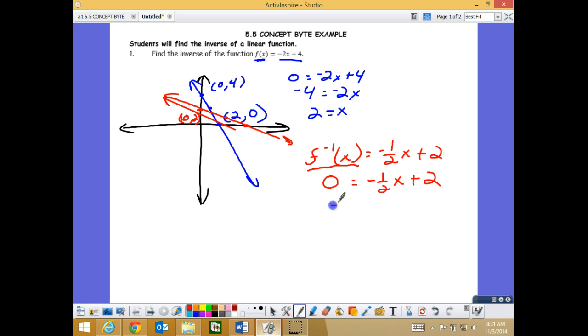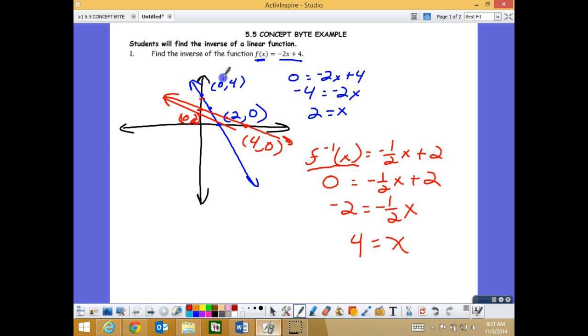We subtract 2, and then multiply by negative 2, so x is equal to 4. So there's our x-intercept. And one thing you'll notice with these inverse functions, the x-intercept of the original became the y-intercept of the inverse, and the y-intercept of the original became the x-intercept of the inverse.